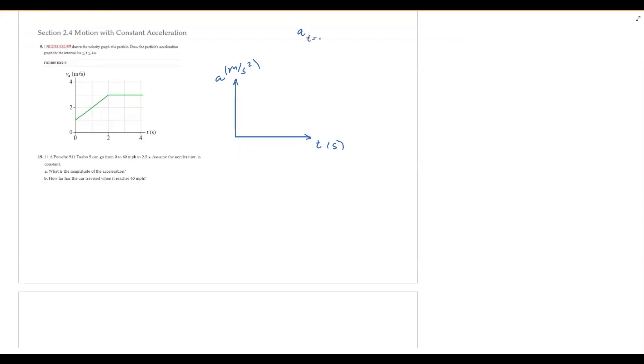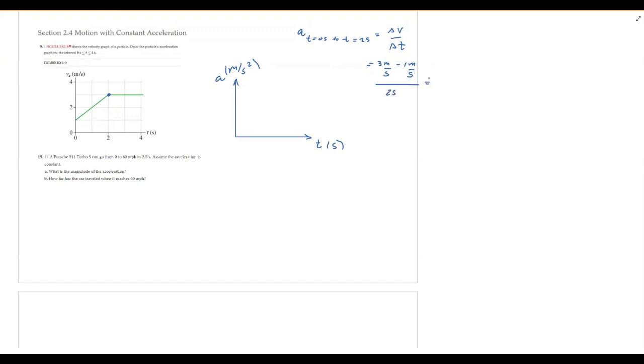from t equals 0 seconds to t equals 2 seconds is equal to delta v over delta t. So at t equals 2 seconds, we have a velocity of 3 meters per second, minus, at t equals 0 seconds, a velocity of 1 meter per second. And this is occurring in 2 seconds.